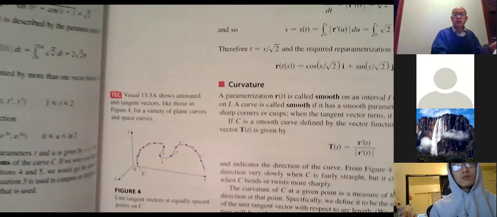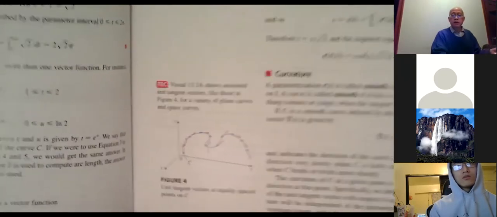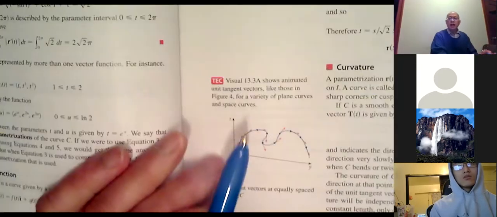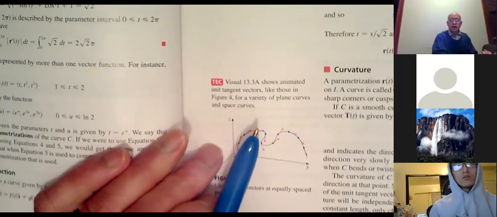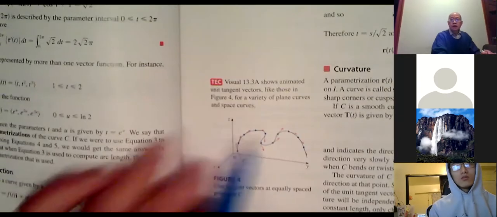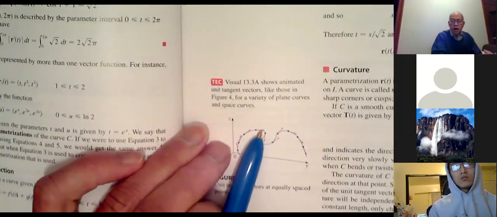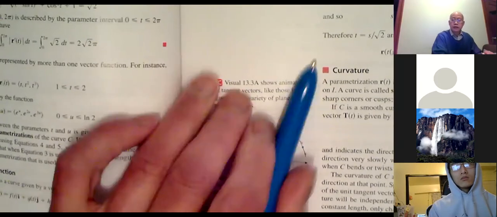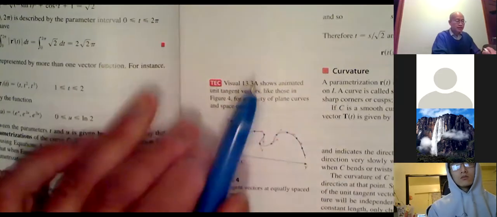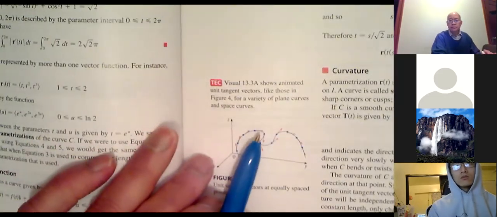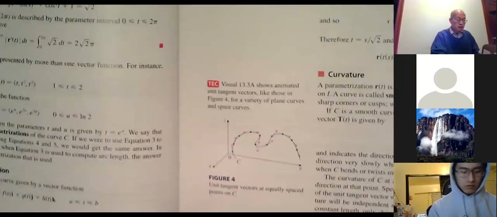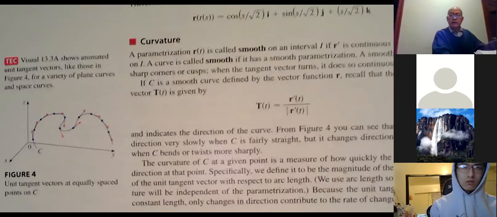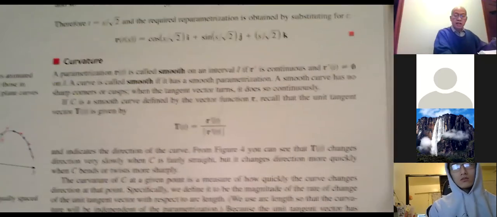Next thing is curvature. Curvature can be thought of as: how much does a tangent vector change as I move along the curve? Right over here, offhand, you would say that has high curvature. On the other hand, if I have a straight line, it looks like there's no curvature, right? Now we have a definition of a unit tangent vector already.